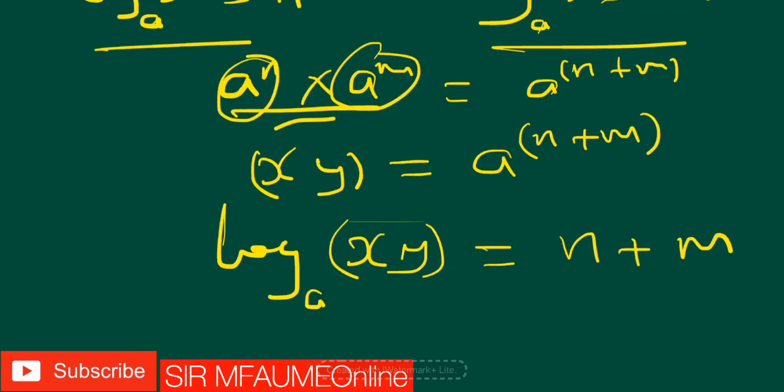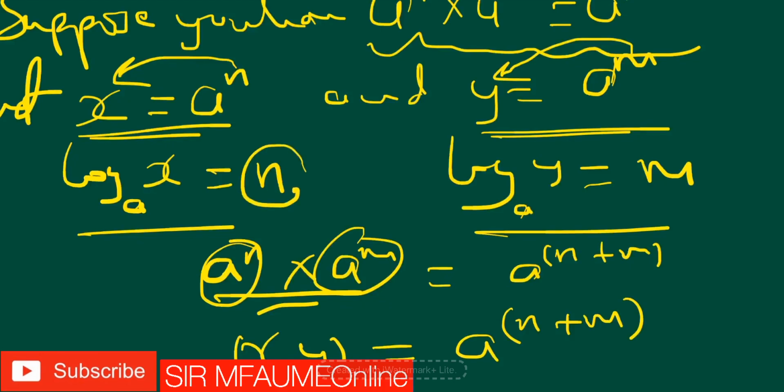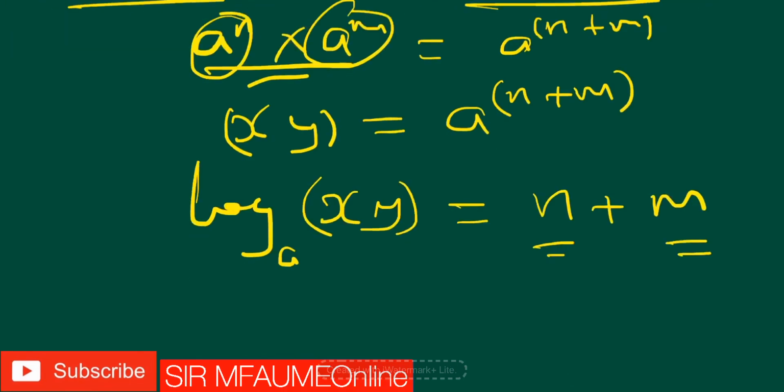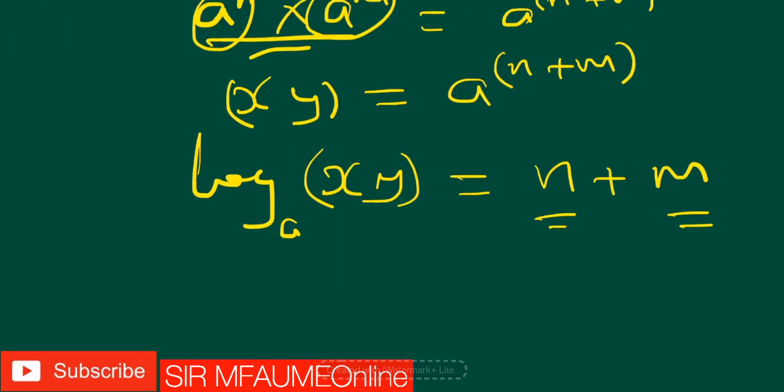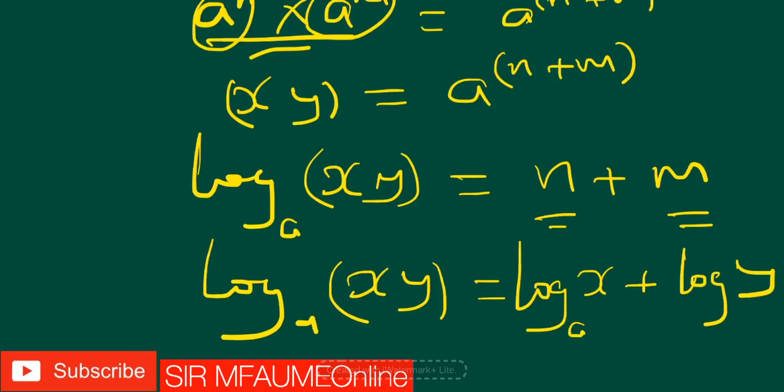But also you have to know what n is and what m is. Let us refer from this one. n is equal to log x base a, and m equals log y base a. So you have to plug it in. From there, you will find that log base a of xy equals log x base a, that is the value of n, plus the value of m, log y base a.